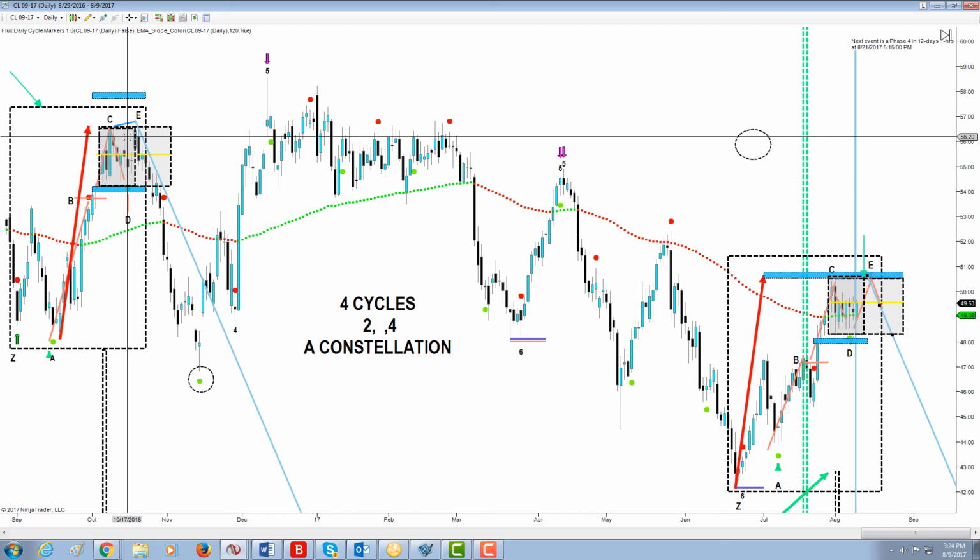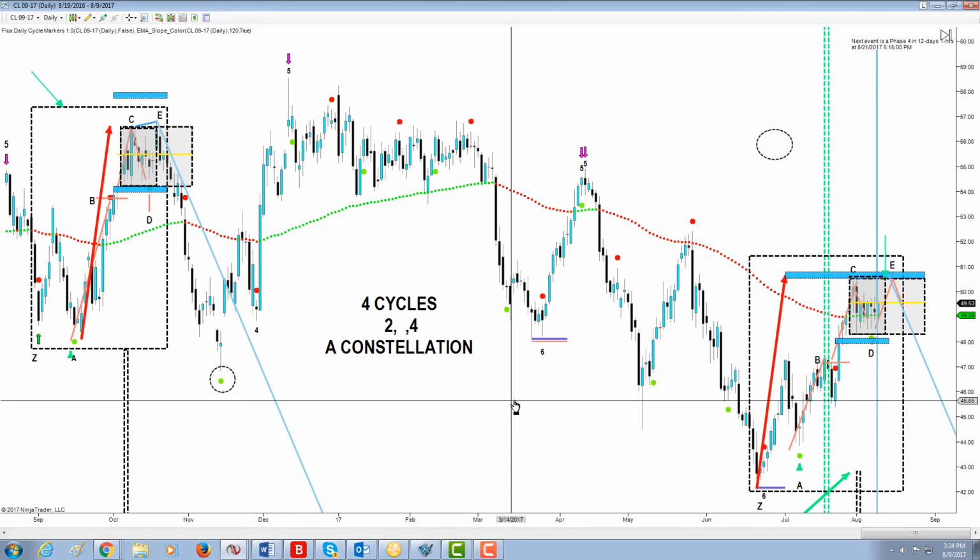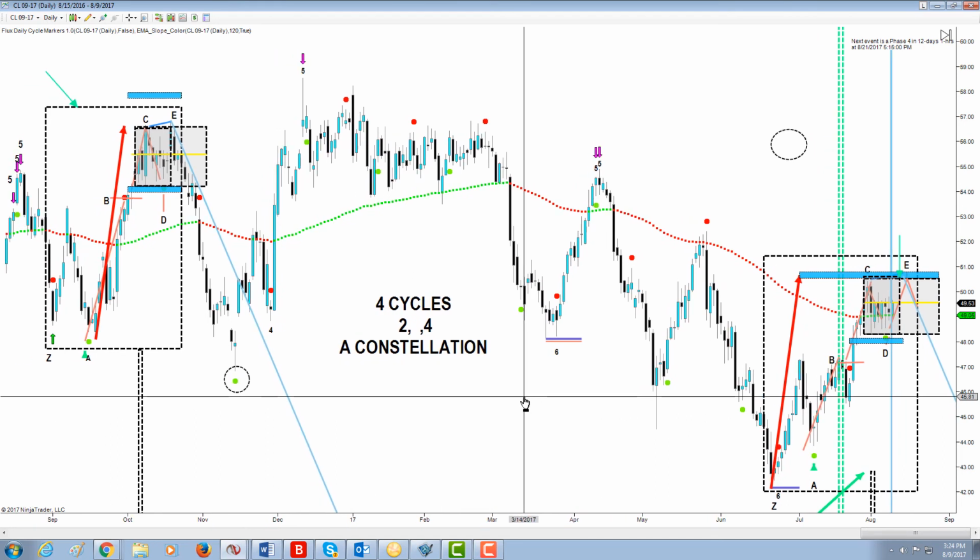All right? So I'd like you to take a look at this. I'm going to save this workspace and put that copy of the workspace in the description down below. Look at the construction lines. See for yourself if you don't see the same patterns.